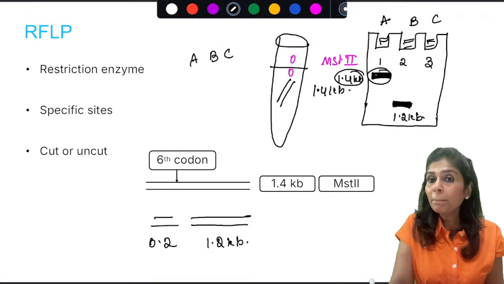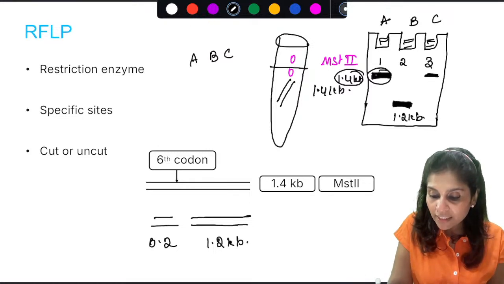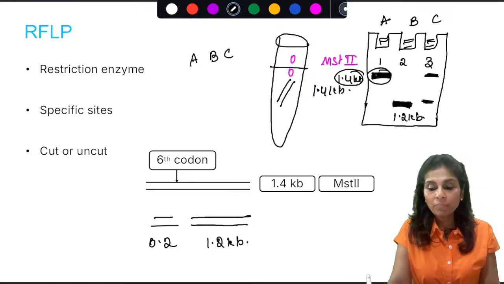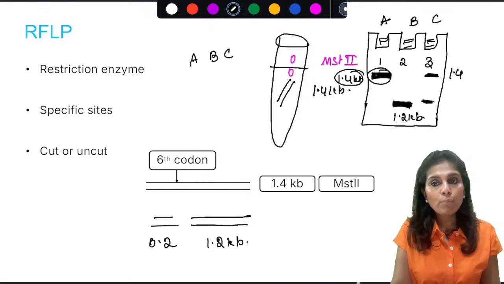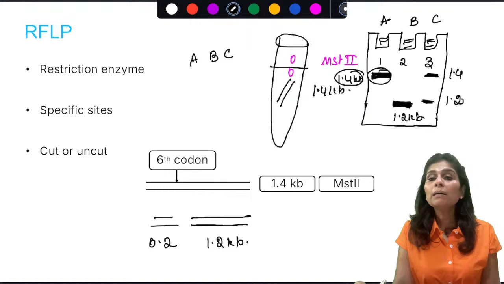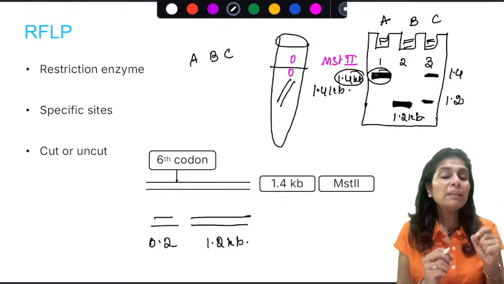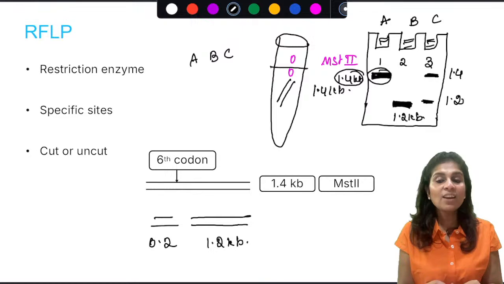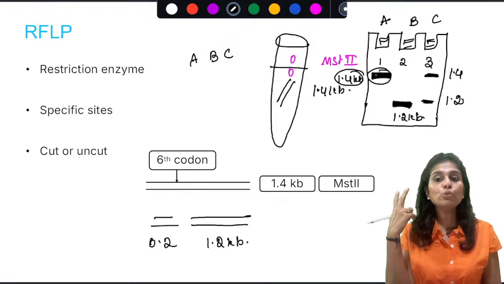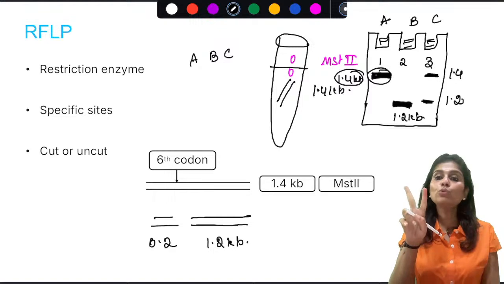Okay. Look at person C's restriction digest. Person C's restriction digest gives me two bands. One corresponding to 1.4, the other corresponding to 1.2. So why am I getting both 1.4 and 1.2? Let me remind you of the fact that all our genes, we have two copies. Yes or no? For every gene in your body, you have two copies.